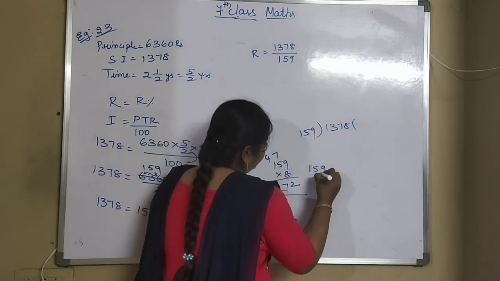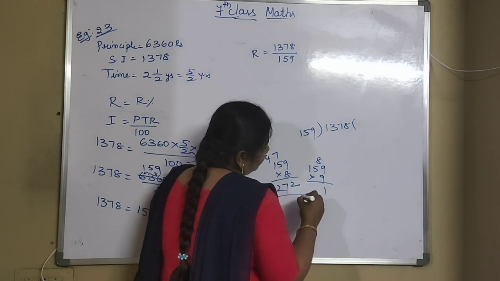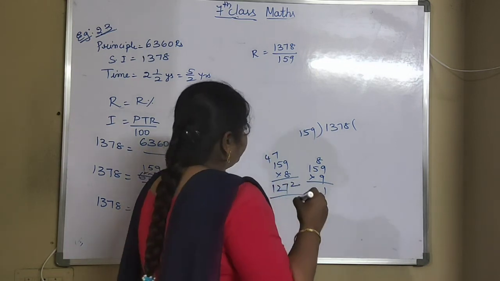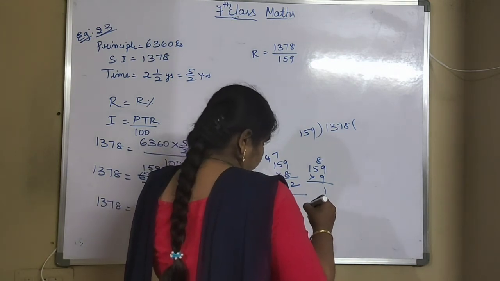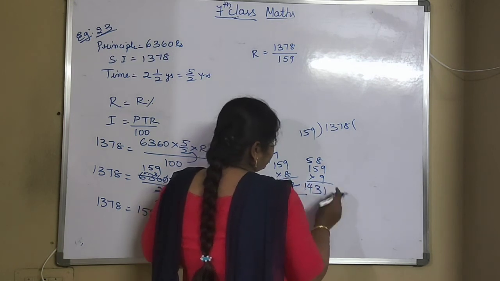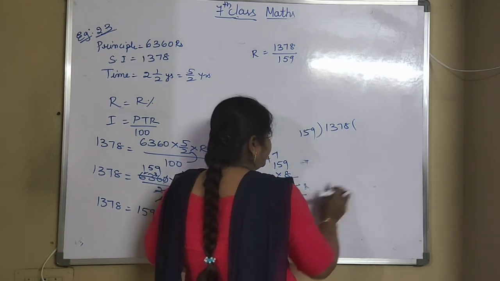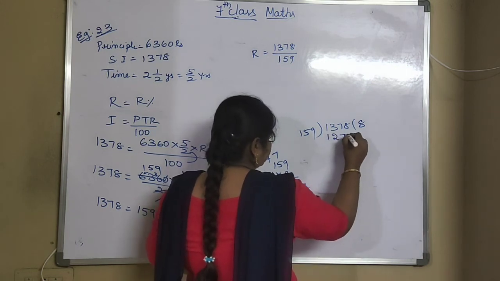9 times also we will take once. 9 9s are 81, 9 5s are 45, 53, 9 ones are 9, it will be 14. So it will be bigger numbers. I am taking 8 times. So 159 8s are 1272.